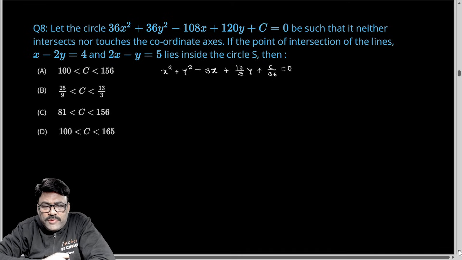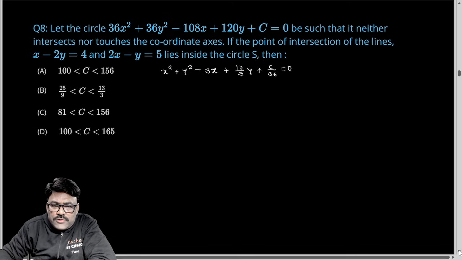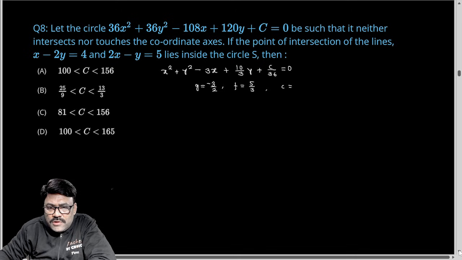And now it is of the form x square plus y square plus 2gx plus 2fy plus c equal to 0. In fact, 2gx, 2g is minus 3, so g will be minus 3 by 2. 2fy, 2f is 10 by 3, so f will be 5 by 3. And in place of c, you have capital C by 36.